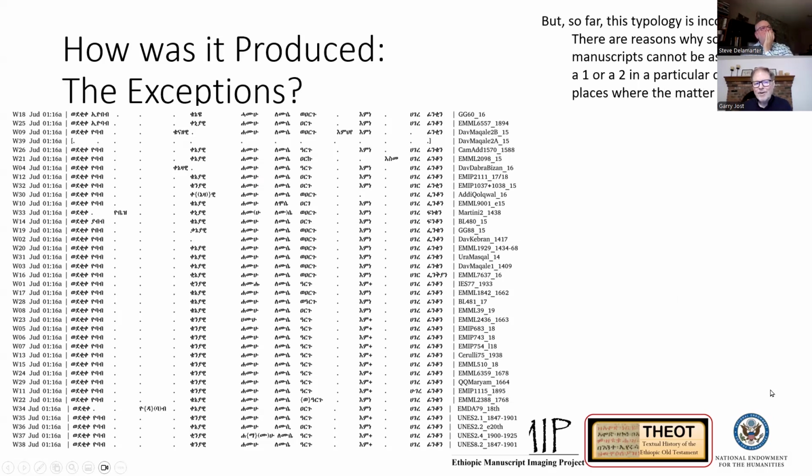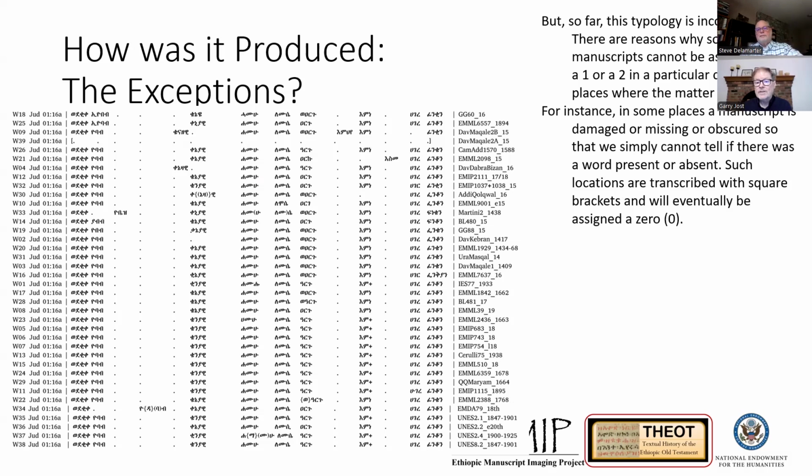There are a few exceptions to how this works, and so far, this typology is incomplete. There are reasons why some of the manuscripts cannot be assigned either a 1 or a 2 in a particular column, or places where the matter is complex. For instance, in some manuscripts, the manuscript is damaged or missing or obscured so that we simply cannot tell if there was a word present or absent.